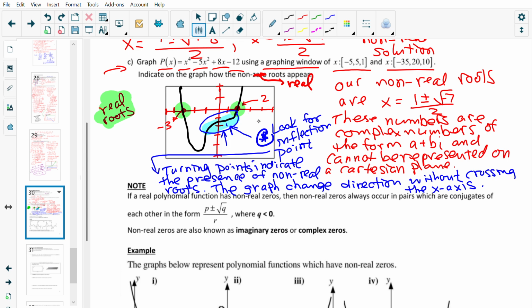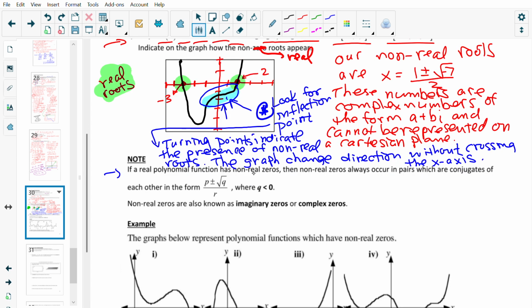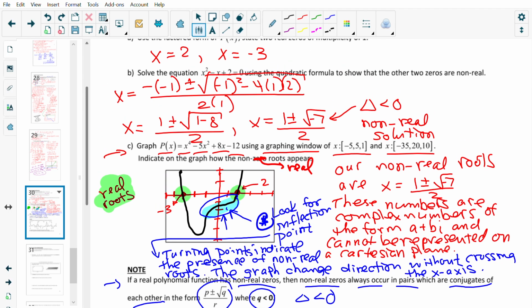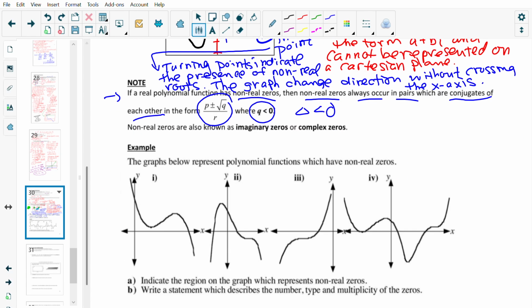It hasn't crossed the x-axis right here. It turns before it crosses the x-axis. Okay? Note, if a real polynomial function has non-real zeros, then non-real zeros always occur in pairs, which are conjugates of each other. This form, where the discriminant is less than 0. So our solution here, pairs, and they're conjugates.